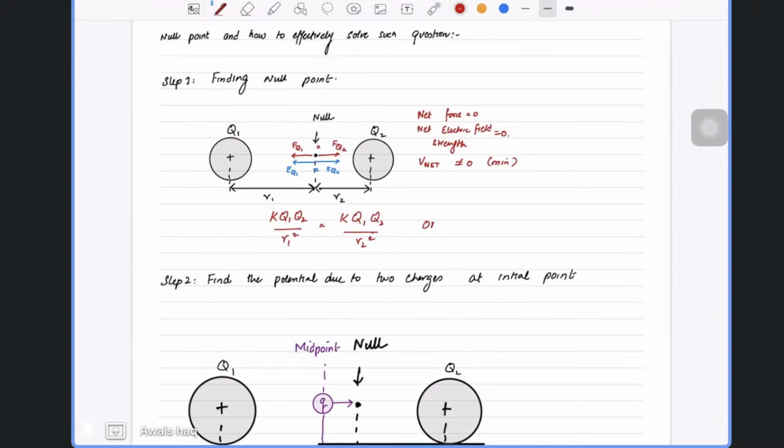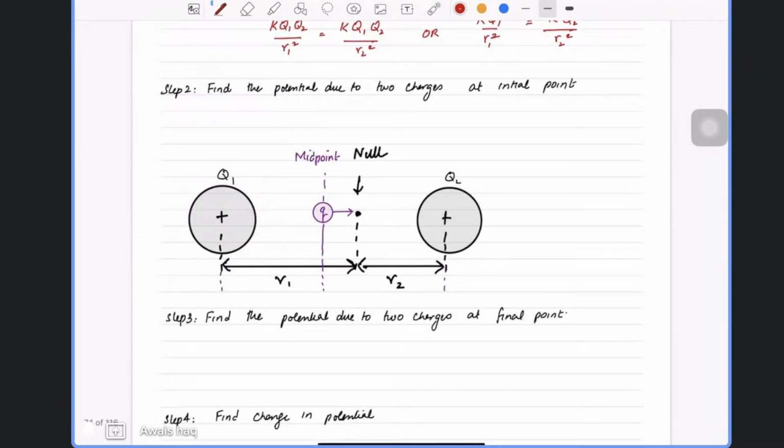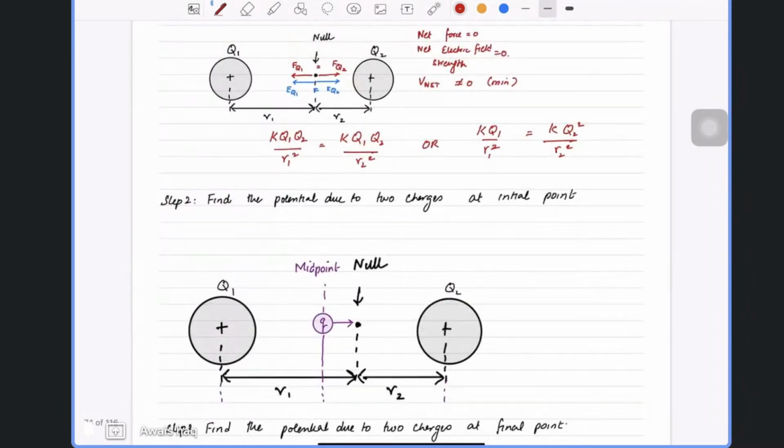Or you can write it as k q1 over r1 squared equals k q2 over r2 squared. So either you use electric field or force, that would be the same thing. Anyway, this is magnitude-wise, by the way.